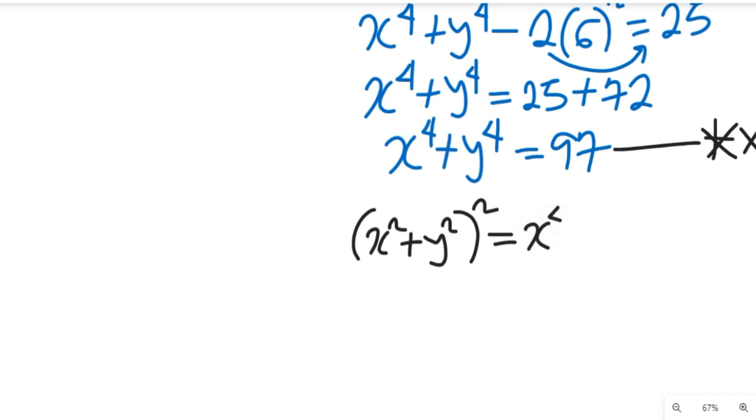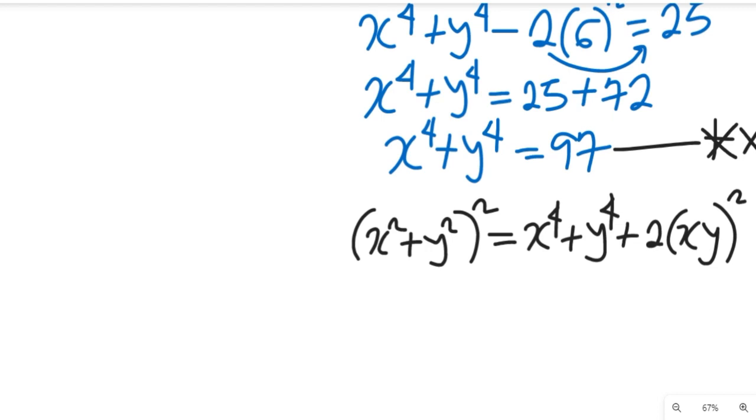x to the power of 4 using the binomial theorem. The first term squared plus the second term squared, y to the power of 4, then plus 2 times the first term and the second term squared. That will give us x times y squared.